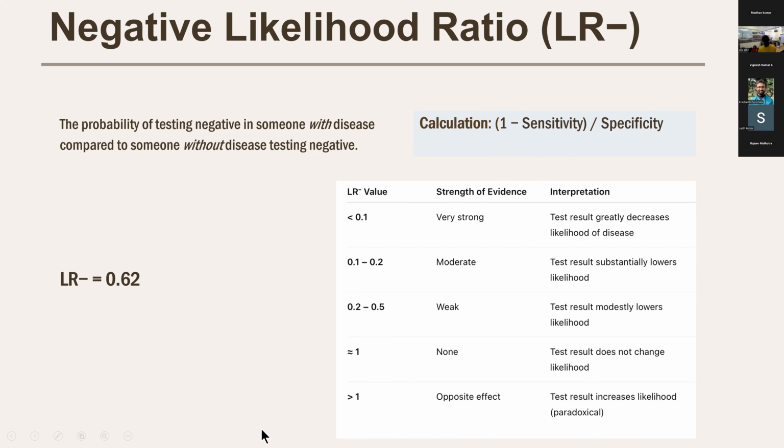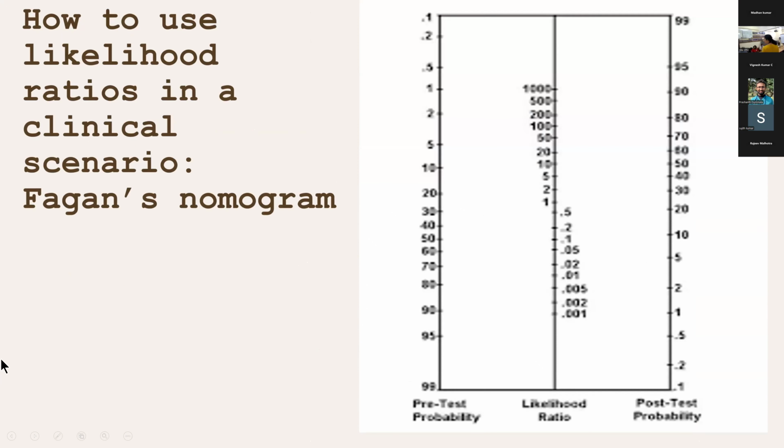Now, how do you actually use this likelihood ratio in a clinical setting? You use something called a Fagan's nomogram. Sorry, it's a bit blurry. You need a pre-test probability, right? So I think the patient has maybe a 10% pre-test probability of having a disease.